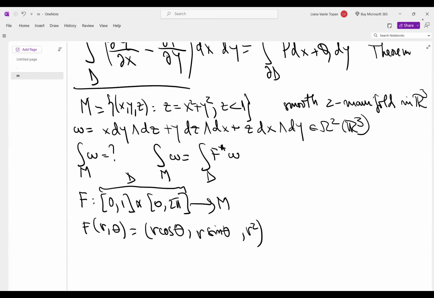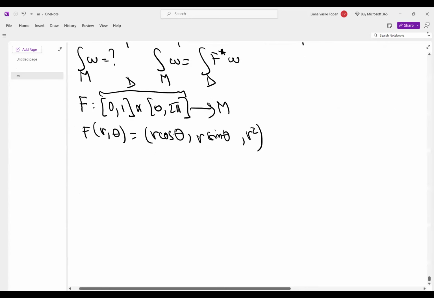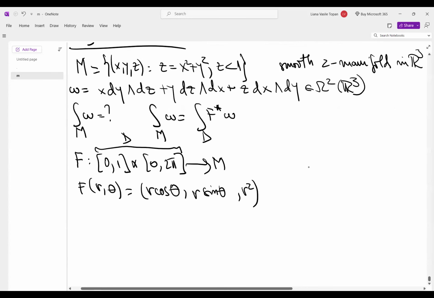Okay, so you see this parameterizes indeed our surface. x squared plus y squared will be z, because r squared cosine squared theta plus r squared sine squared theta is r squared, which is z, and z is less than 1, because r is taken to be between 0 and 1. So you can take here an open interval. So that's a good parameterization.